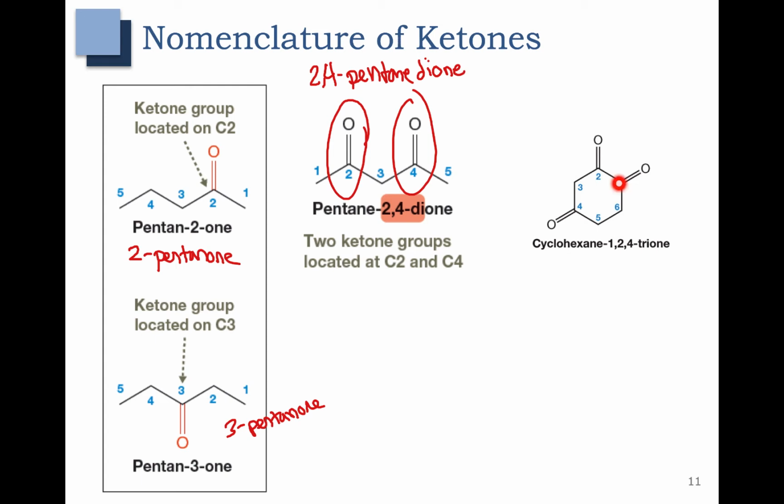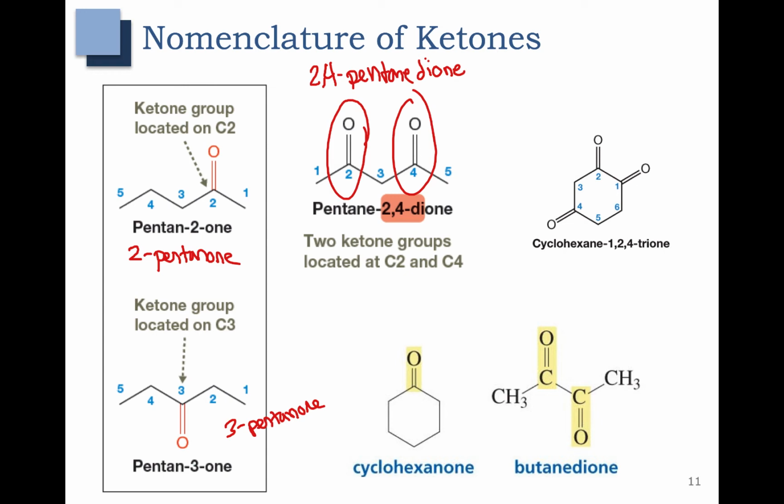So we're going 1, 2, 3, 4, because that puts ketones on positions 1, 2, and 4. If we numbered the other way, we'd have ketones on 1, 3, and 4, and we always want lower numbers. So this is cyclohexane-1,2,4-trione, or you could also call it 1,2,4-cyclohexane trione.